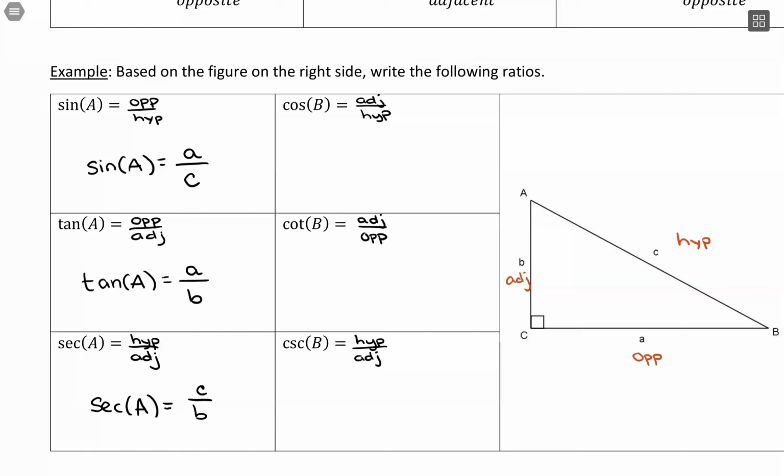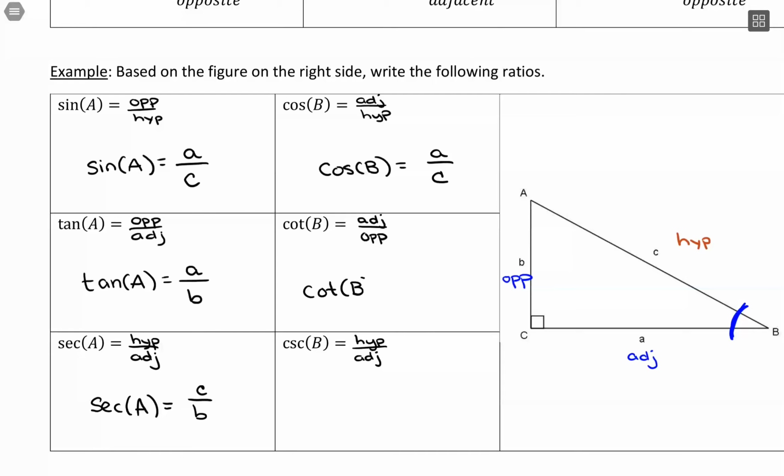And then our next three are going to deal with angle B. So over here, I'm going to change my opposite and adjacent. So now B is opposite and A is adjacent. So cosine of B, I want adjacent over hypotenuse.